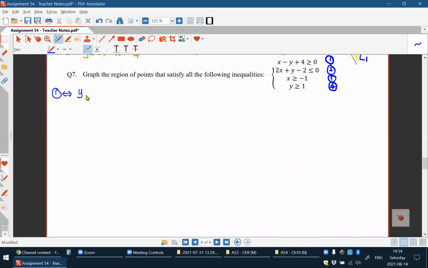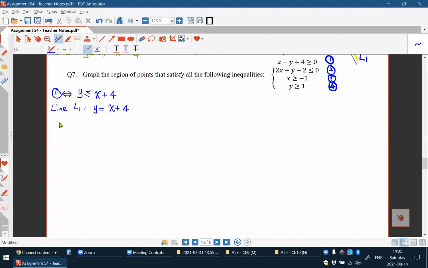So the first inequality is equivalent to y should be less than or equal to x plus 4, because we want to move y to the other side, right? And the corresponding line, let's call this L1, is y equals x plus 4.